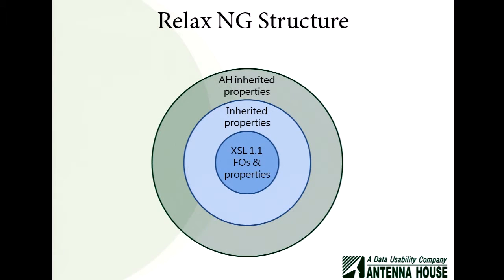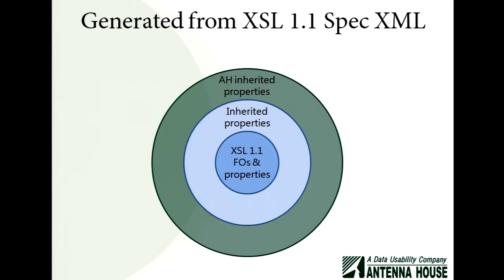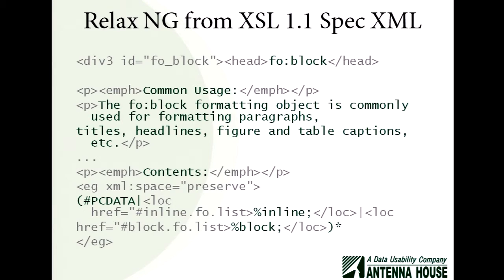Then there's another module for the Antenna House inherited properties, which again you can define, say, on the root, and they'll be inherited where they apply. And then there's another module for Antenna House extensions. The majority of these are generated using XSLT straight from the XML for the XSL 1.1 spec, or from some simple XML defining the inherited properties.